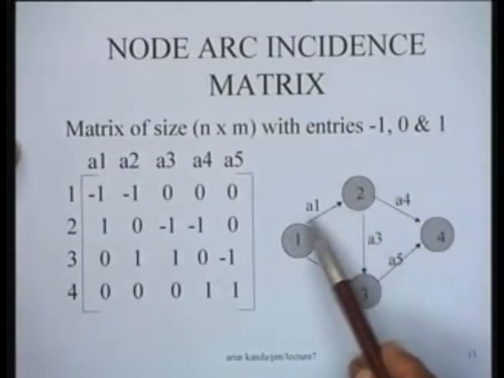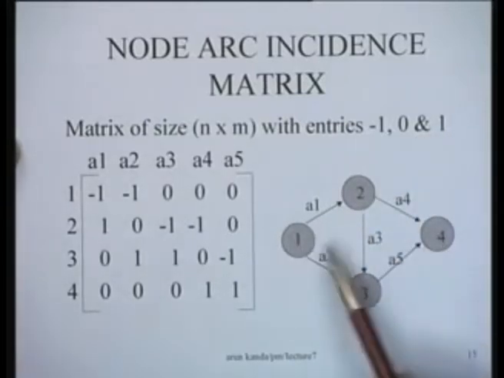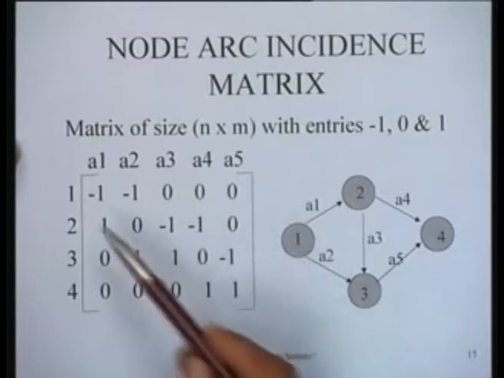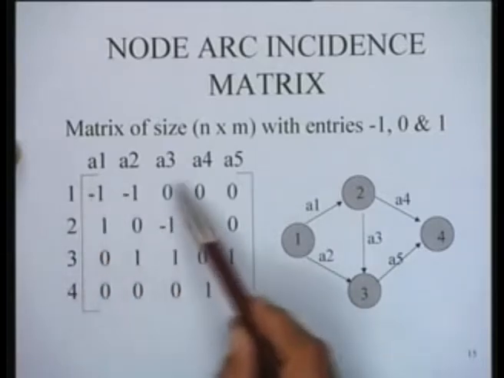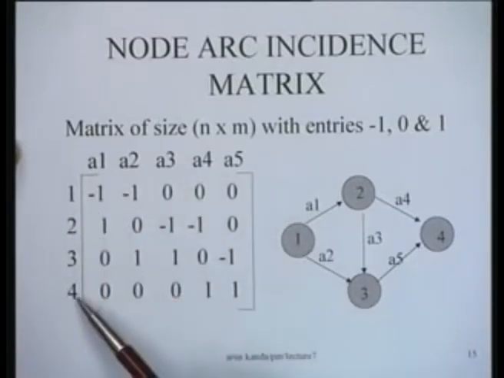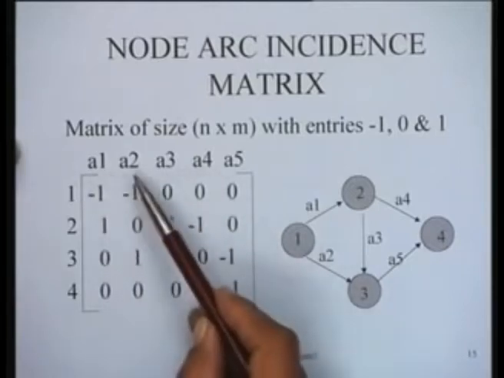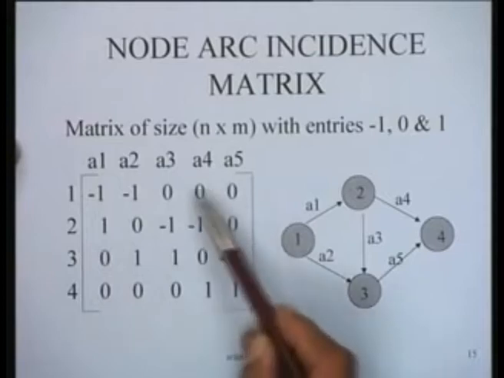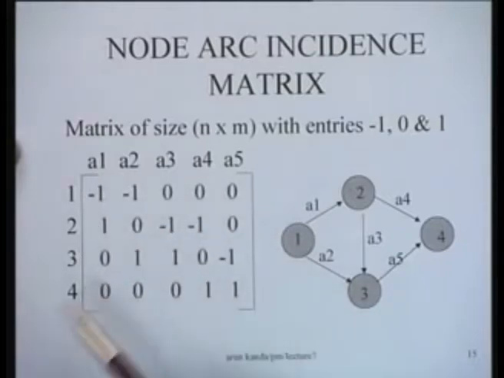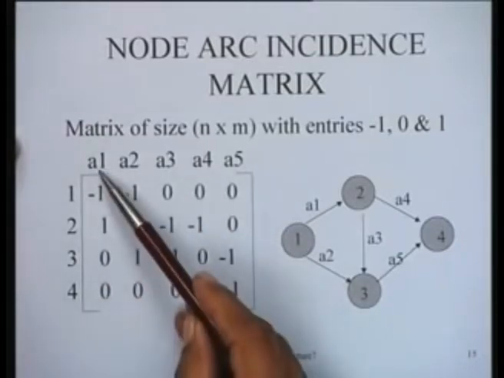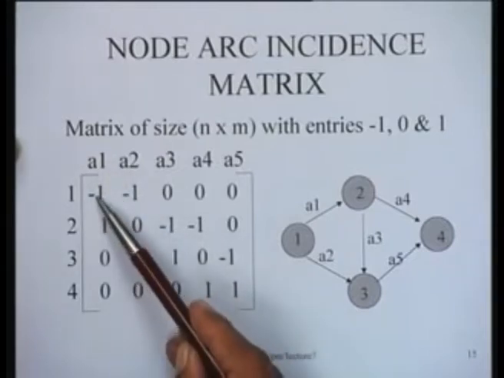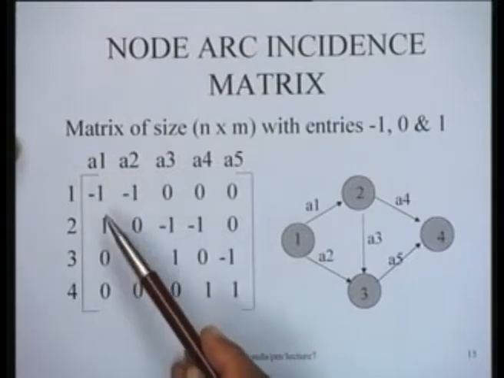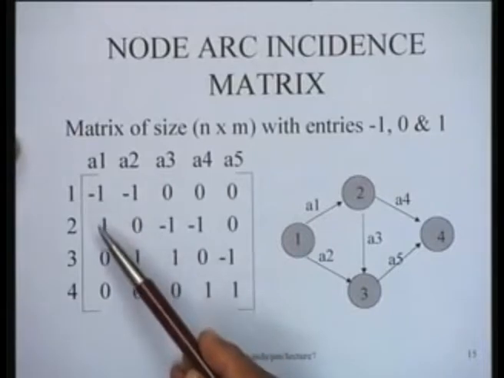If we now take the same network for illustrative purposes, we can develop the node arc incidence matrix. It has 4 nodes and 5 arcs, A1, A2, A3, A4, A5. So this matrix will be a 4 by 5 matrix as shown here. How it is constructed is that arc A1 starts from 1 and ends at 2. So we put a minus 1 where it starts and a plus 1 where it finishes.